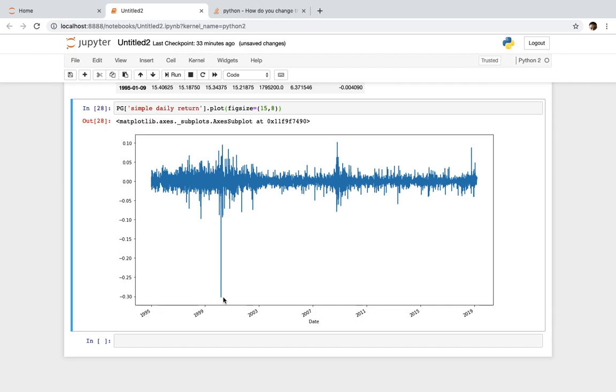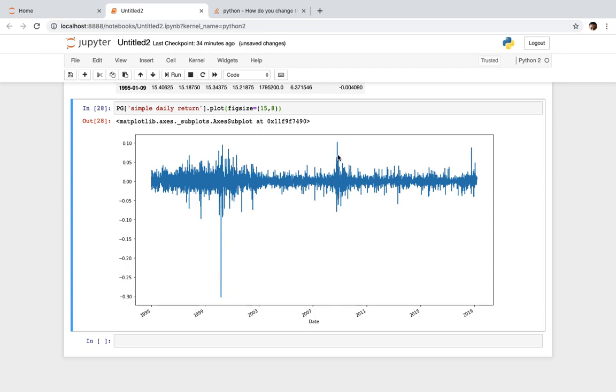But on the adjusted close, this should never happen. Well, don't worry, it's not a mistake in this case, because if you look, this corresponds to September 2001, the Twin Towers, when the entire stock market went down 30% until it was suspended. The day after it jumps up, and the day after again it bounces down. A lot of volatility.